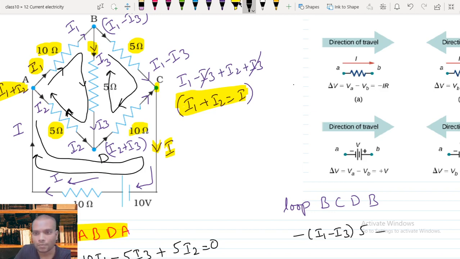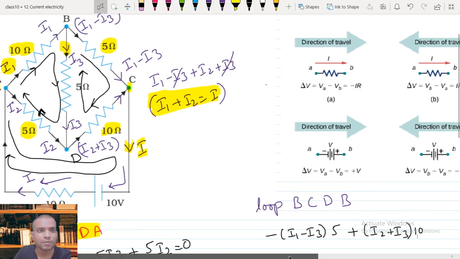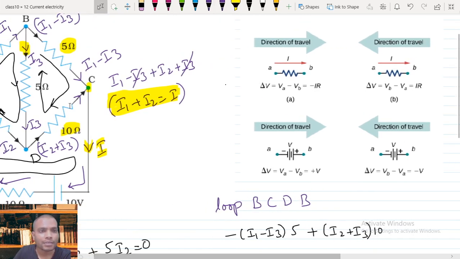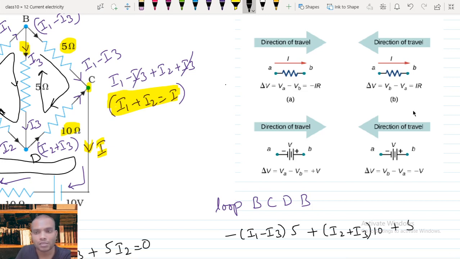So here I can take that plus, so the current in that arm, that is the positive, plus I2 and I3 of 10 ohm, and across the center resistance, the current direction and my direction of traveling across that, again they both are opposite. So I can take that as plus 5I3 which equal to 0.